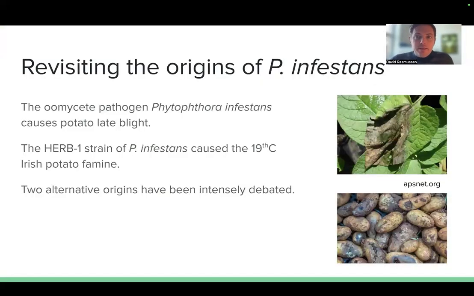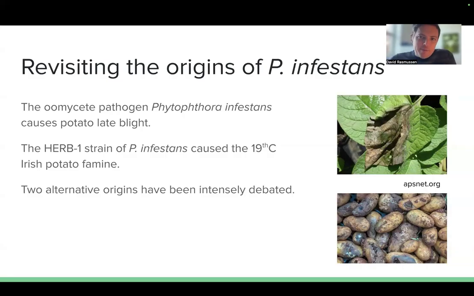To motivate today's lecture, as well as the tutorial on Wednesday, we'll revisit the origins of one of the most famous plant infecting pathogens, Phytophthora infestans, which all of the plant pathologists in the class will know well, as it causes late blight on potato, as well as other solanaceous crops like tomato.